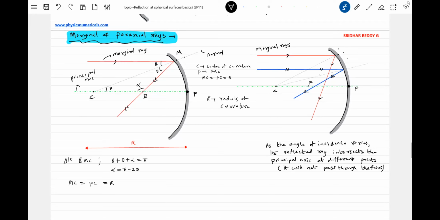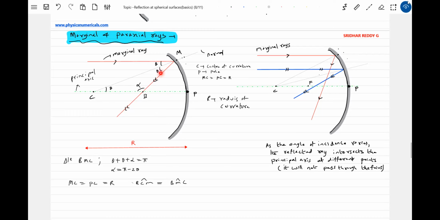Then angle BCM should be equal to angle BMC, because it becomes an isosceles triangle.